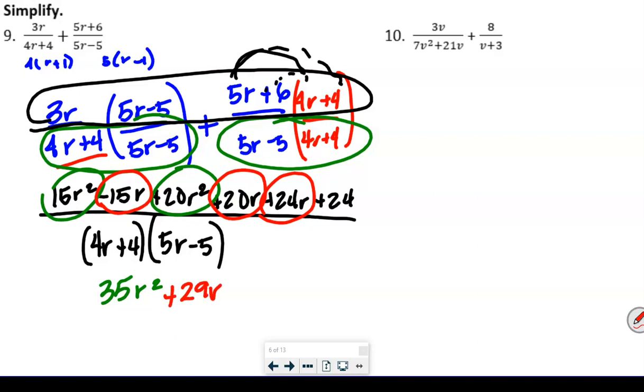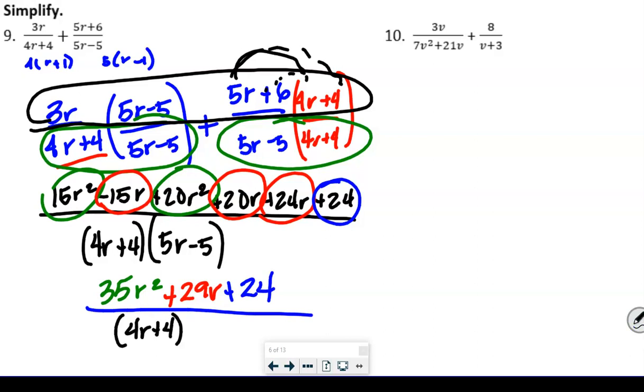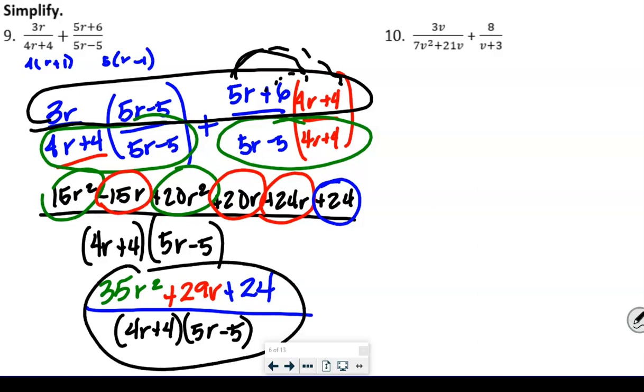And then we just have this constant right here. Y'all see it? Plus 24. So that's all going to be over our common denominator, which was 4r plus 4 times 5r minus 5. And that answer is as good as it gets.